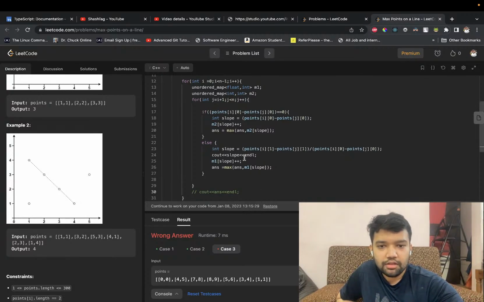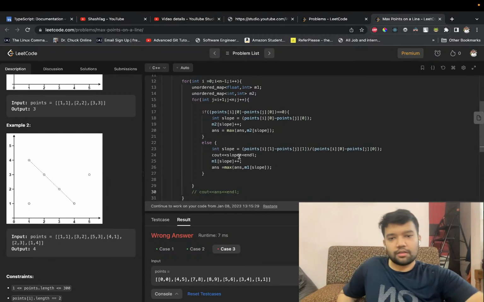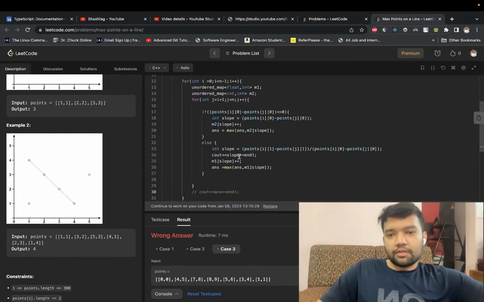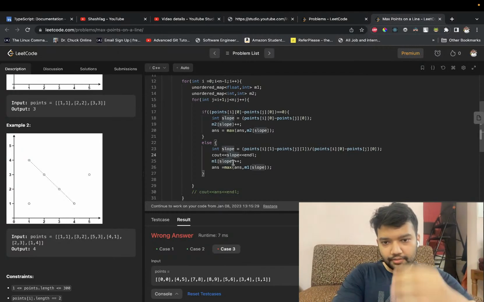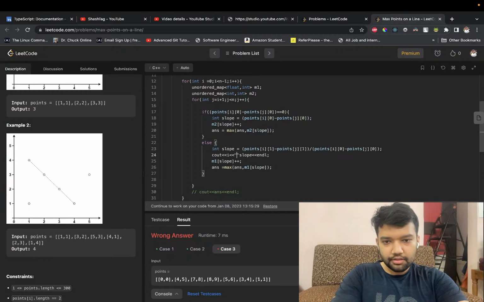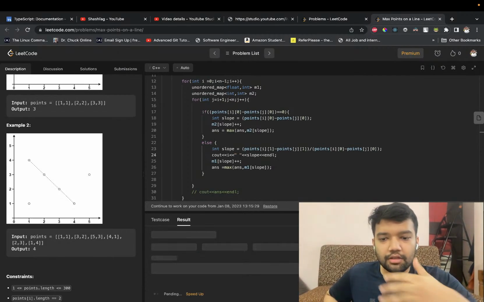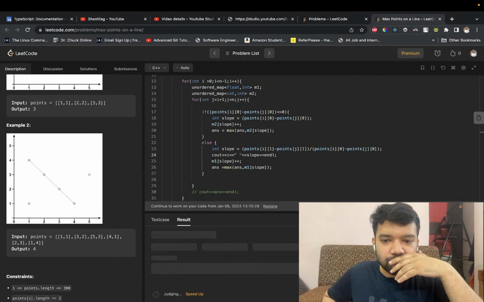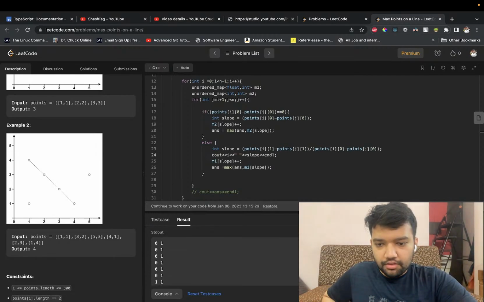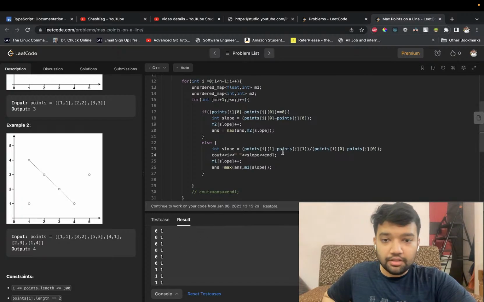Okay. Let's just print I for once. So in the case of 0, we are getting 1, which is a problem. We shouldn't get 1. Slope is not 1.